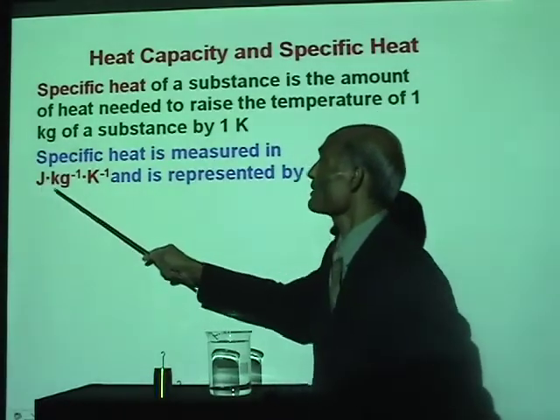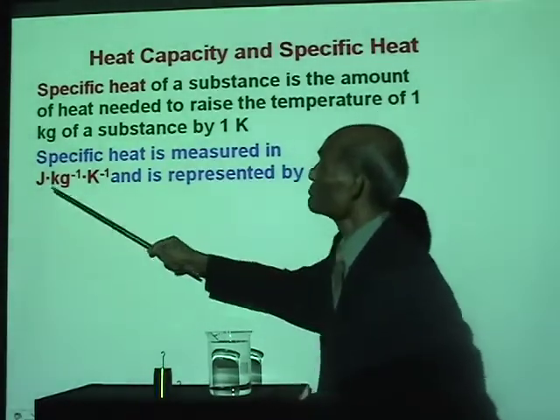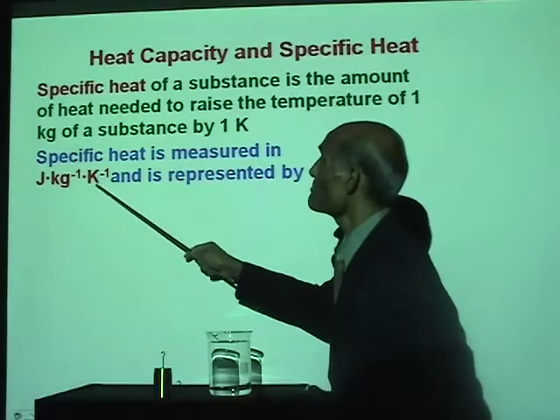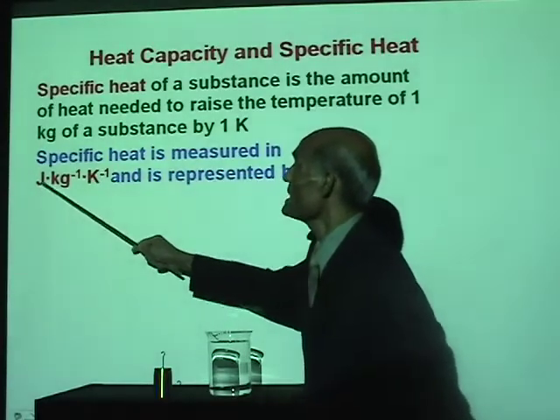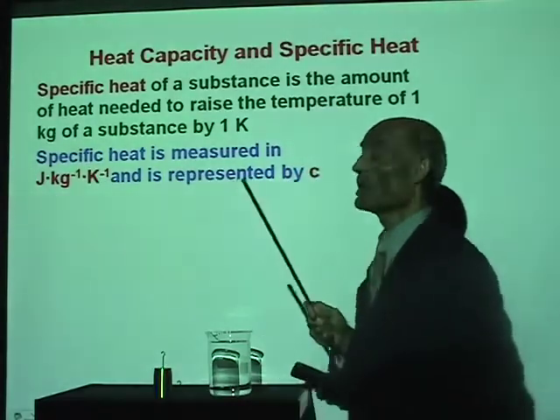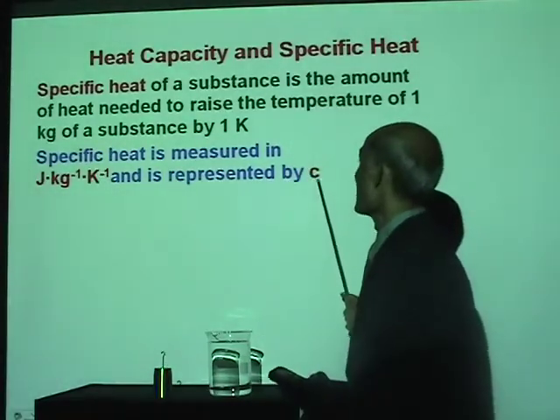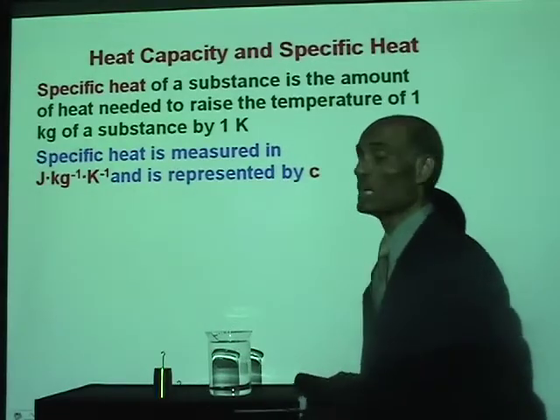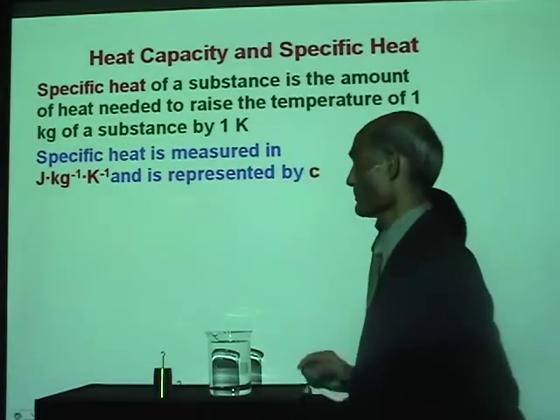What is the unit of specific heat? It is joules per kilogram per Kelvin. We will represent it by lowercase c.